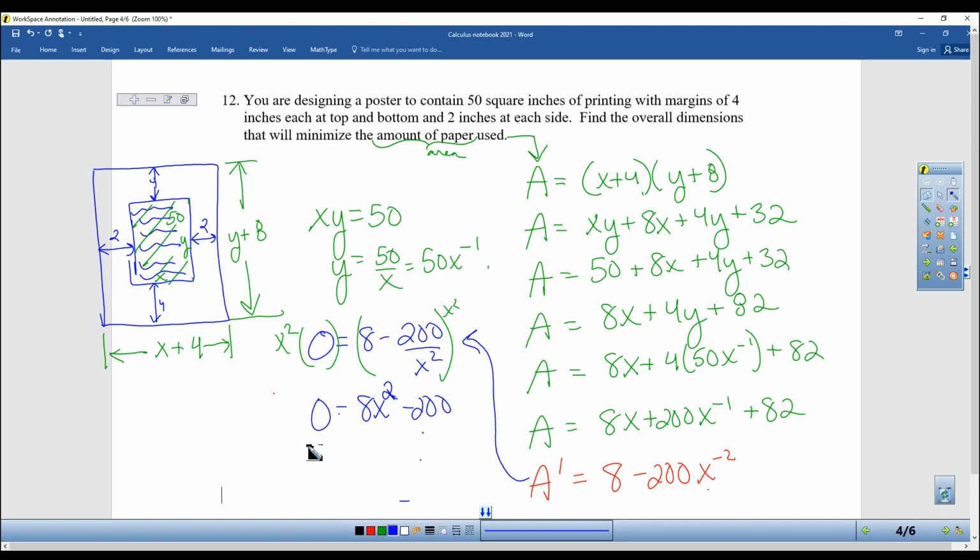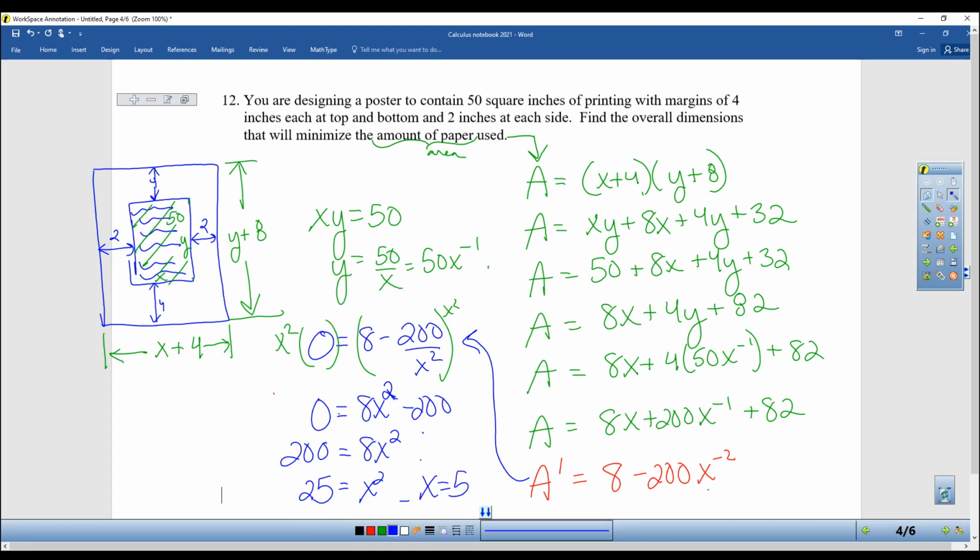So at some point, you're going to have to move that 200 anyway. 8x squared, divide by 8, divide by 8. Sorry, I don't know what it is off the top of my head. 200 divided by 8 is, oh, maybe I did know what that was, 25. So x is equal to 5.